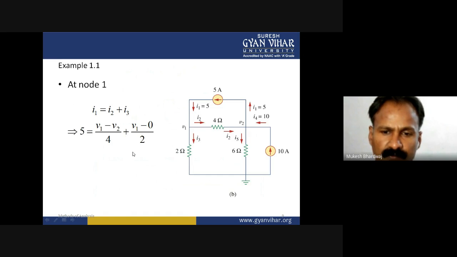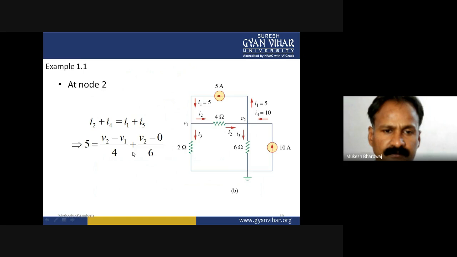This is equation number one. Now the equation for node 2: as you see, I4 is coming, I5 is coming and I2 is coming. So incoming, I2 plus I4 equals I1 plus I5.